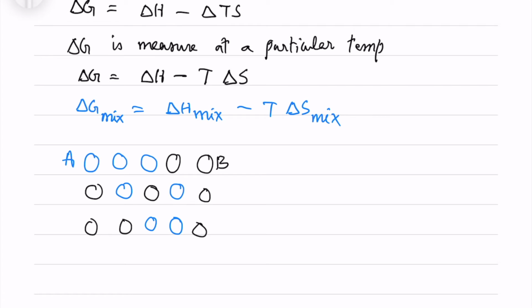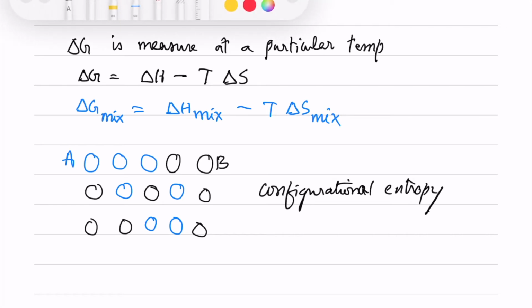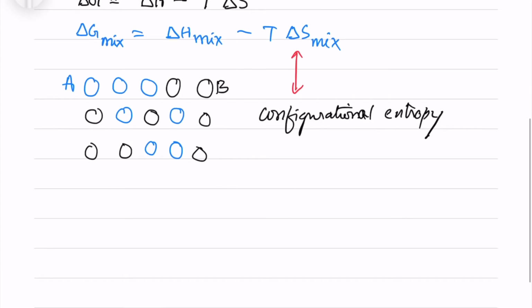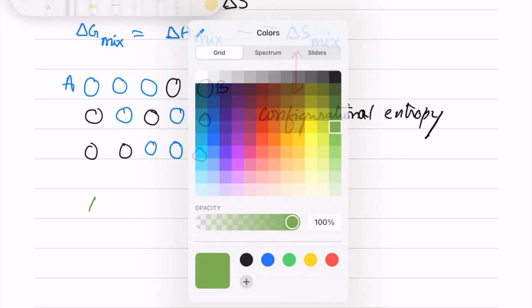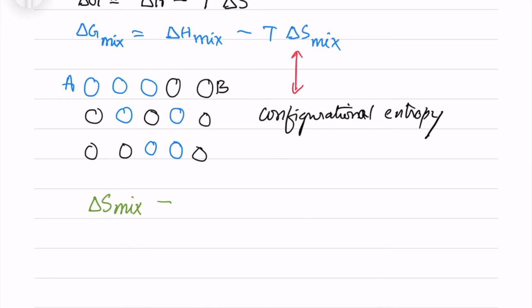So when you are mixing, there is configurational entropy. So this configurational entropy is related to this term. So these two are the same. So the configurational entropy of mixing delta S mix equals to, here I am doing a simple thing, it looks like this.